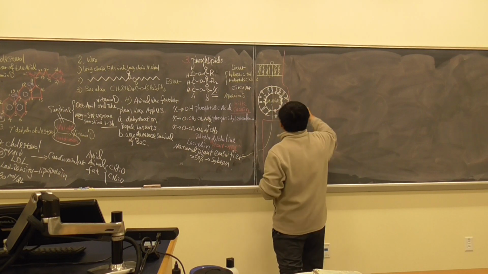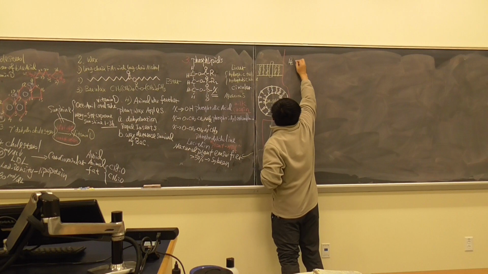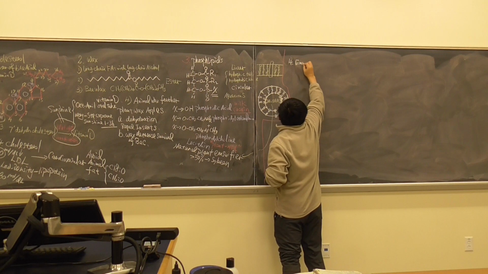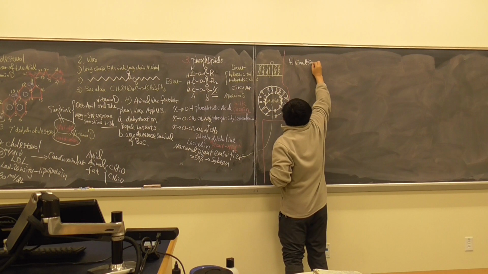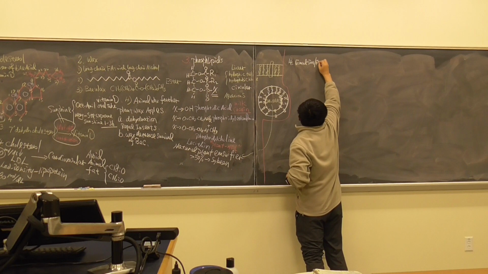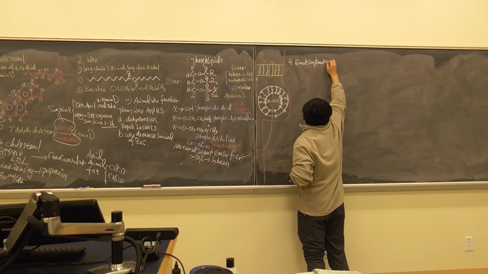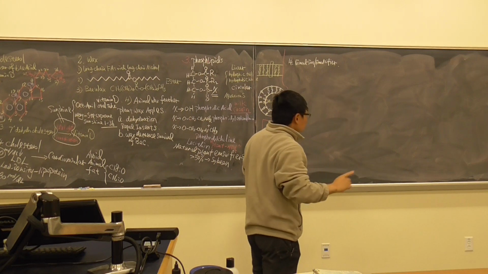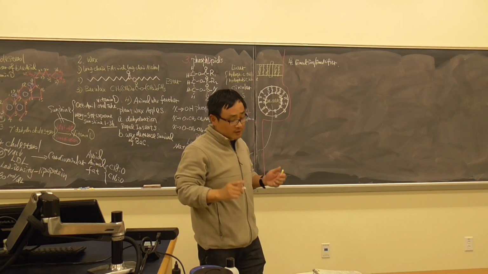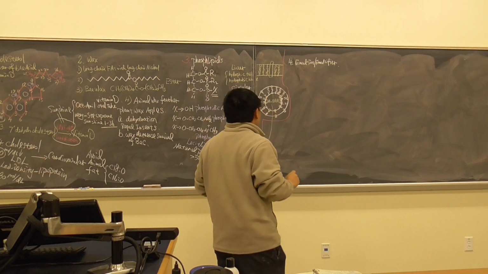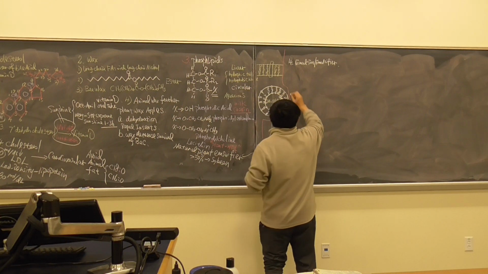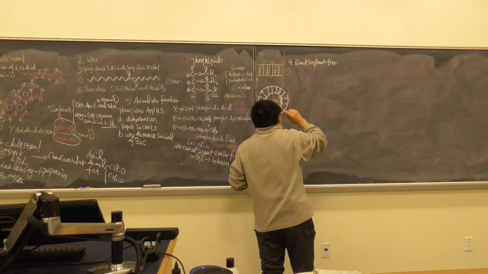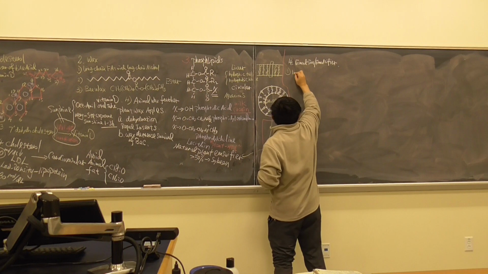So we're going to talk about number 4, which is emulsion and also emulsifier. We mentioned the egg mayonnaise a little bit, but we haven't gone into detail, so we want to talk about that in detail. First of all, what does emulsion mean?